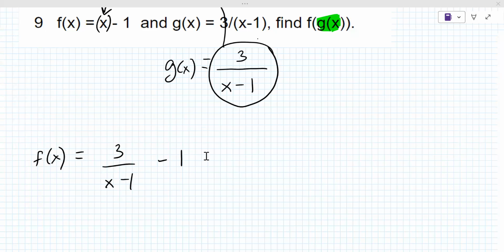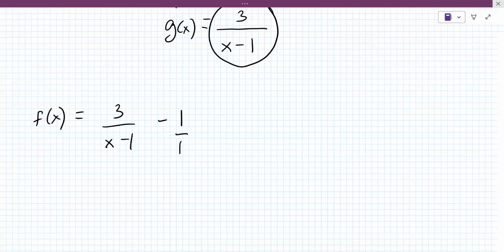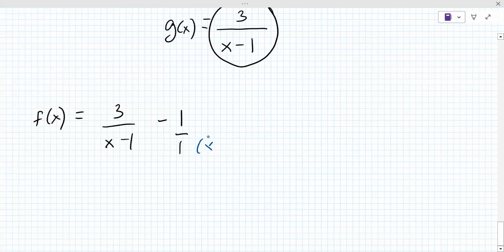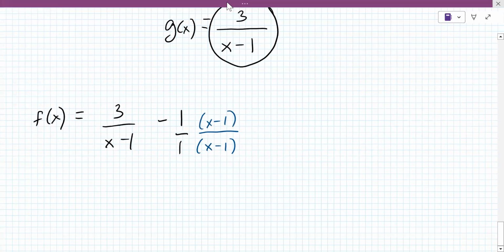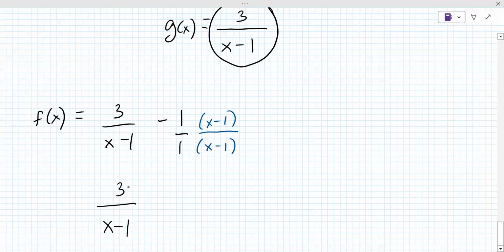Okay, so we're going to make a common denominator here on the right. Your common denominator is x minus 1. So you're multiplying the top and bottom by x minus 1, just on the right there. So this becomes x minus 1 over x minus 1. Do you see that since the bottoms are the same, we can combine the tops?